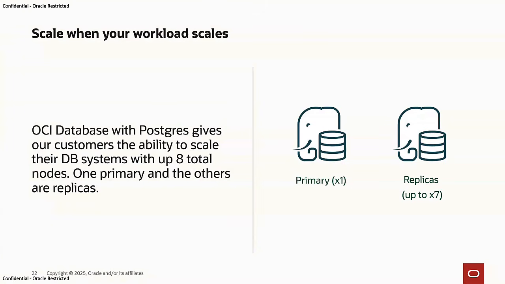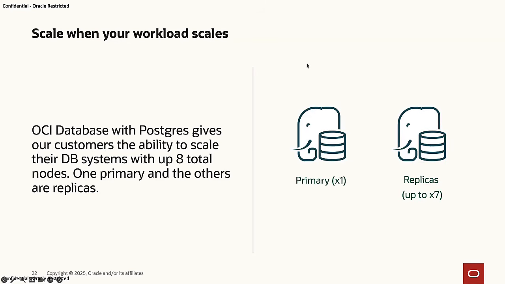So maybe I'm at 8 OCPUs and 64 gigabytes, and I scale up to 16 OCPUs and 128 gigabytes. That's scaling up. The other way to do it is scaling out, which is where you add replicas to your cluster. For example, in the same setup where you have an 8 CPU, 64 gigabyte setup, you can add other replicas of that size.